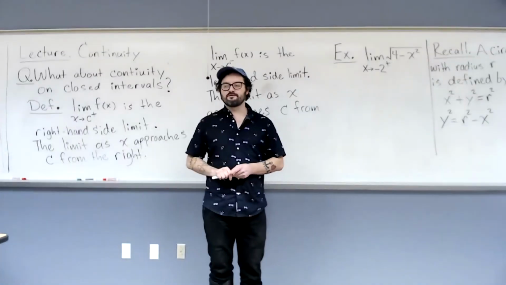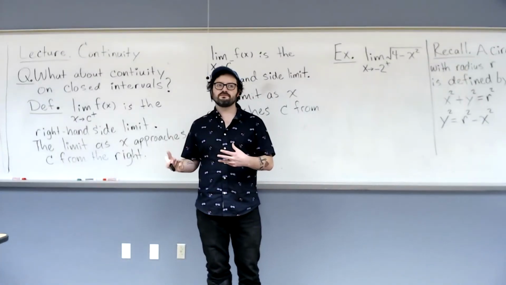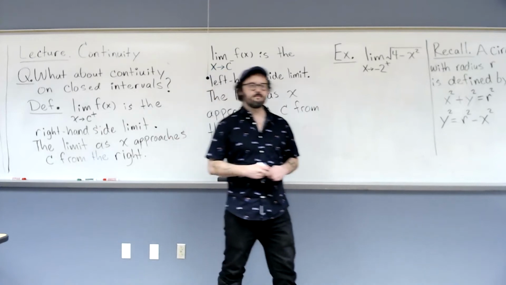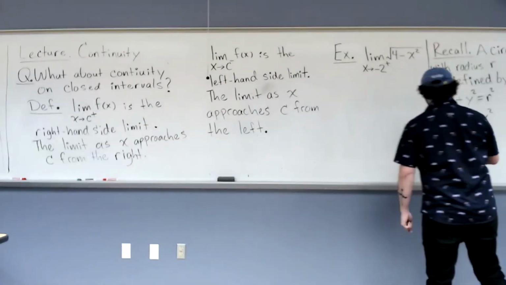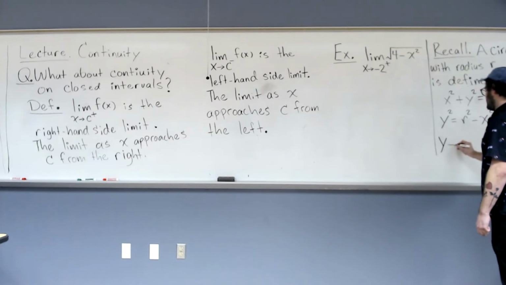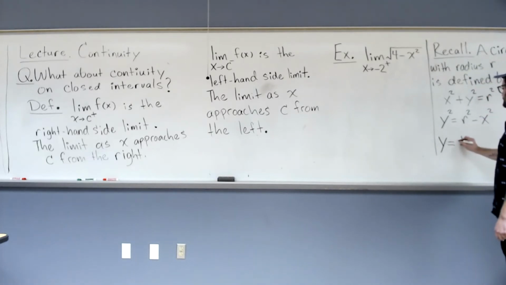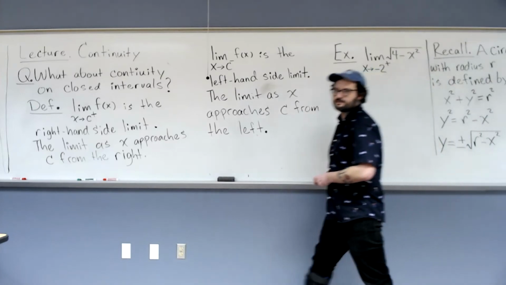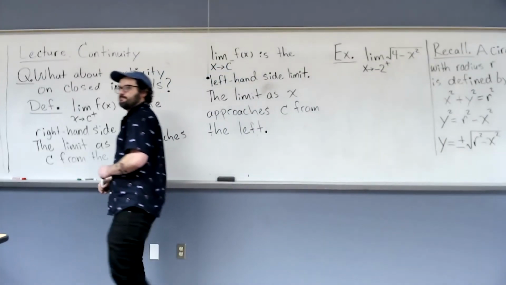And then to solve for y, we take the square root on both sides, and we finally arrive at y is equal to plus or minus the square root of r squared minus x squared. Plus or minus when you take the square root on both sides.